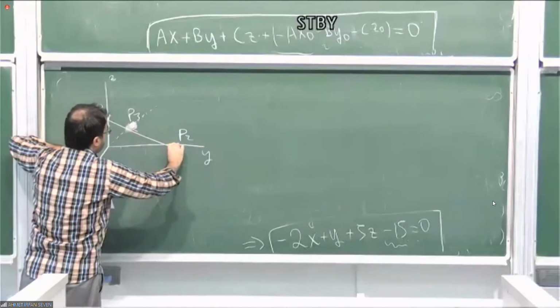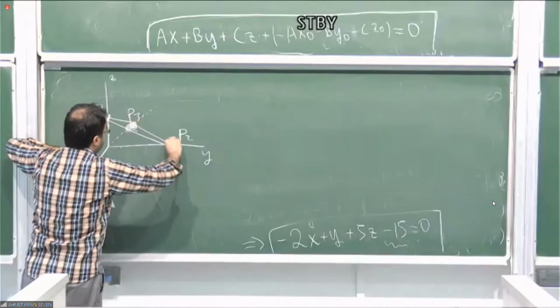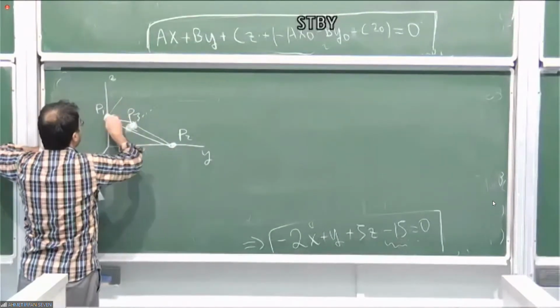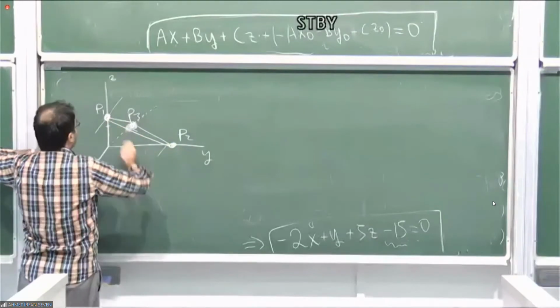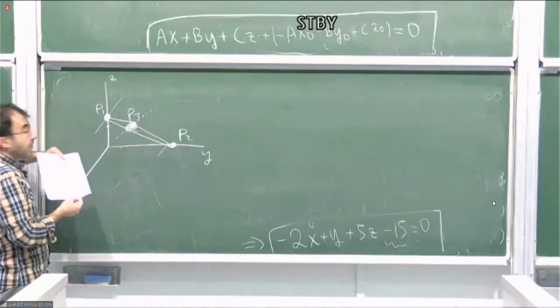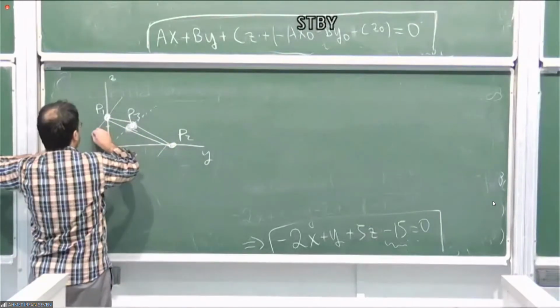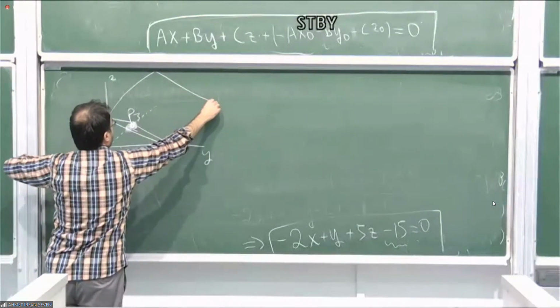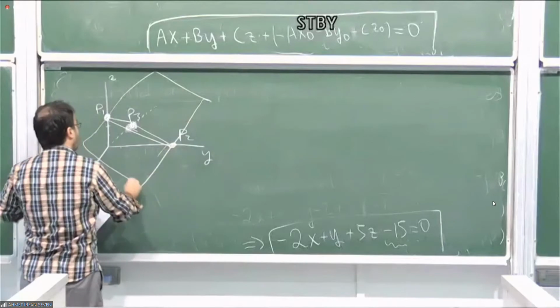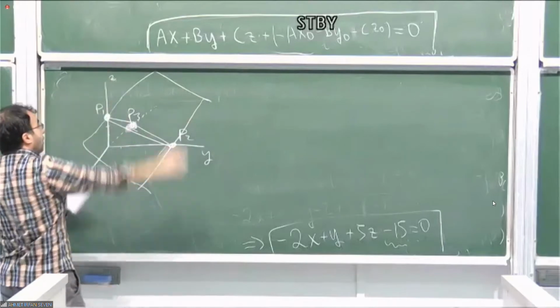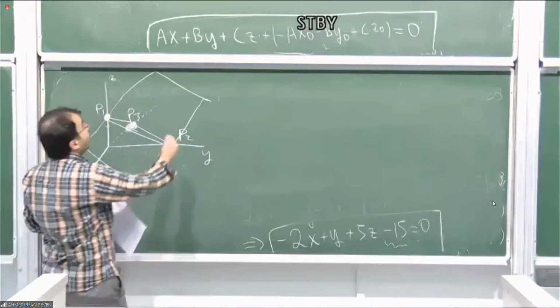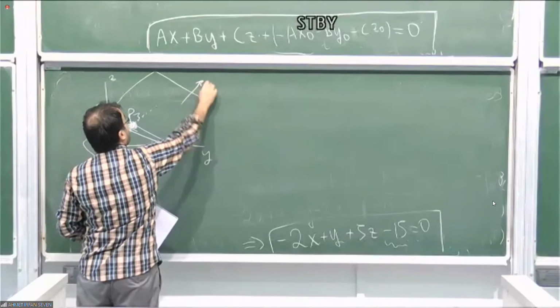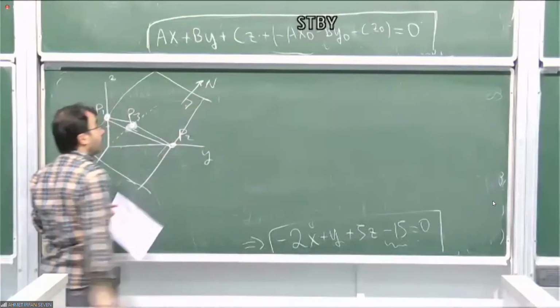I'm going to have a triangle here and continue this way. So my plane will have such a shape, and it extends in all directions in a way that it will be perpendicular to n.